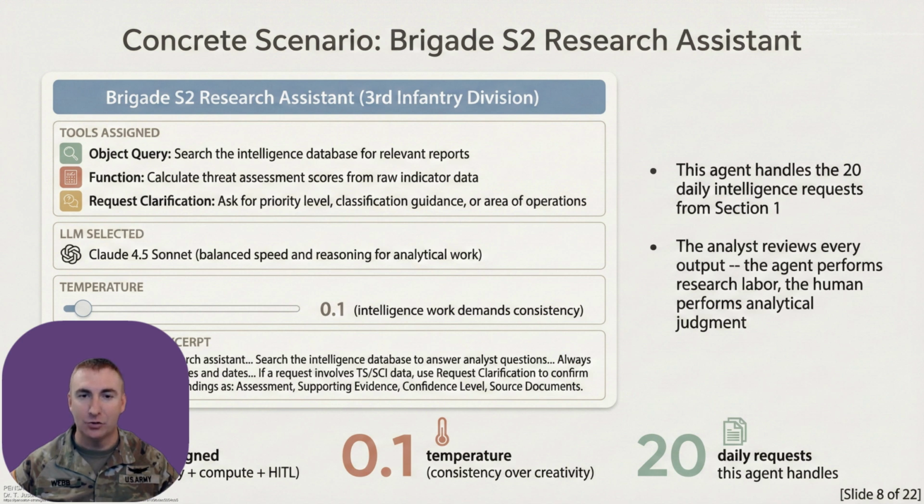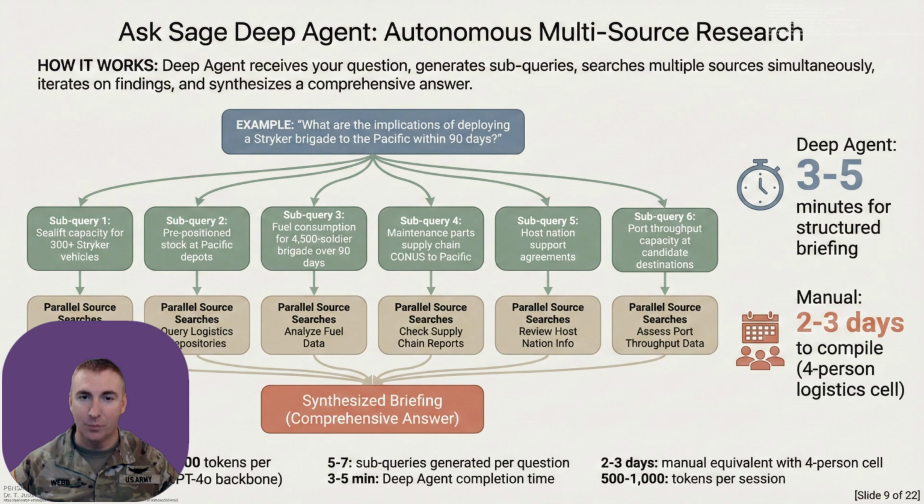That is Agent Studio. Ask Sage takes a different approach entirely. What happens when you ask basic Ask Sage about deploying a Stryker brigade to the Pacific in 90 days? You get a general overview. Deep Agent decomposes that into 6 subqueries: sea lift capacity, preposition stock, fuel consumption, maintenance supply chain, host nation agreements, and port throughput.